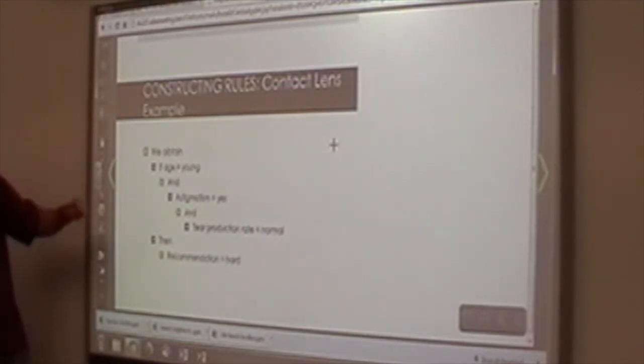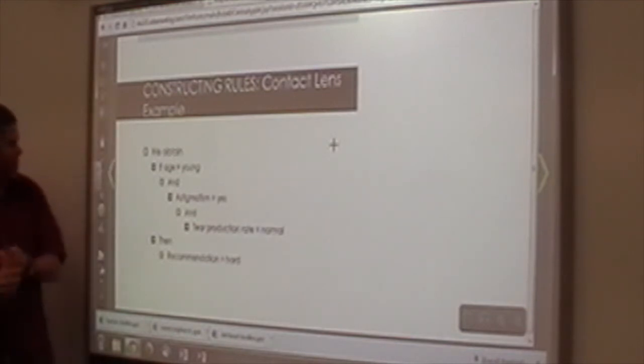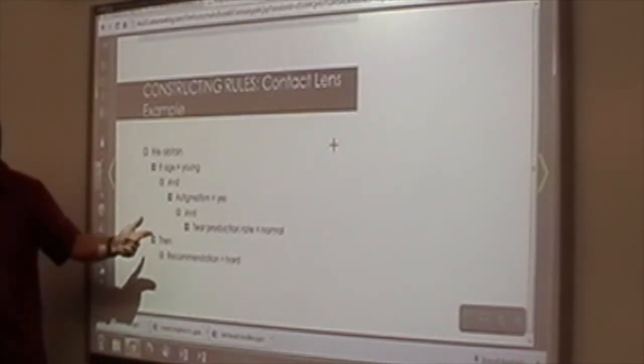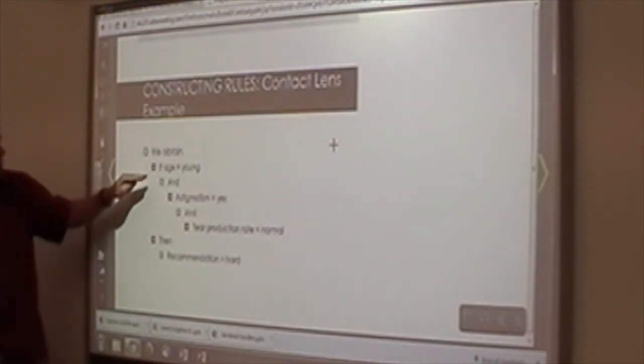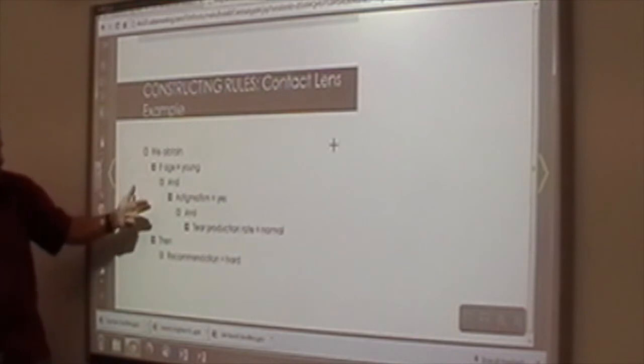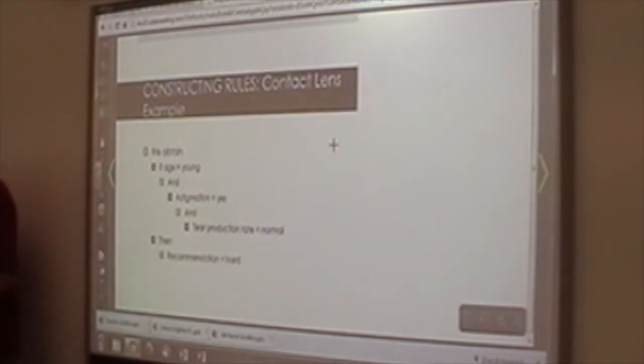Okay. So this time we're going to obtain a new rule, repeating the process that we did last time, except without those instances that we originally found. And we obtain this new rule: if age is young, astigmatism is yes, and tear production rate is normal, then we recommend hard lenses.